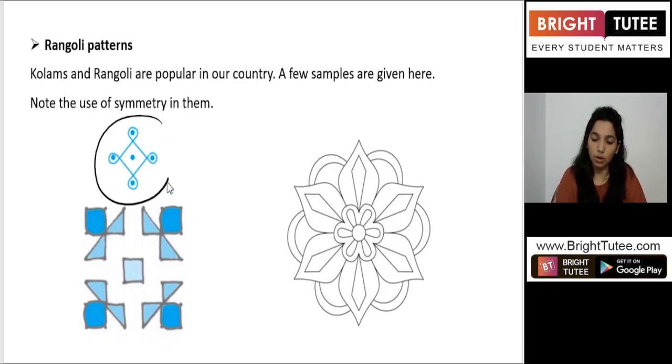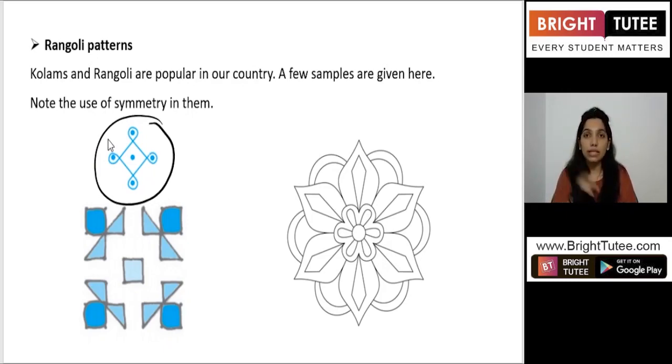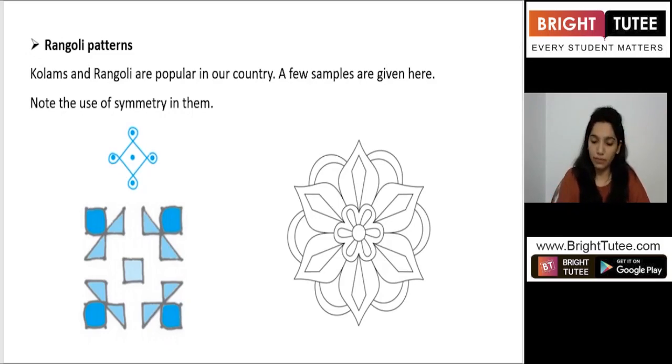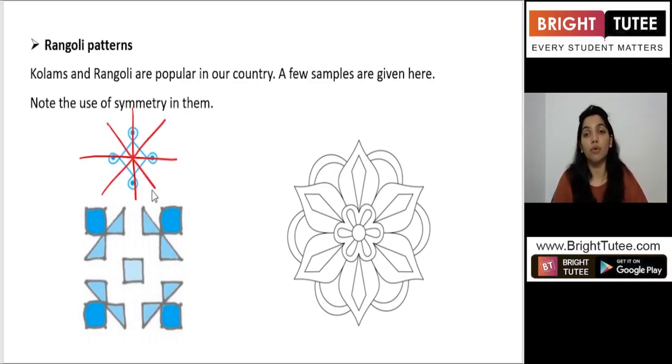You see this is a kolam. And here we have certain dots that we draw, and then using those dots, we draw certain lines joining these dots, and a beautiful pattern is seen. And every time, if you notice, you will see lines of symmetry in them. Look at the first one here. This is a line of symmetry. This is a line of symmetry. Here, this. In such a small figure, we can clearly see 4 lines of symmetry.